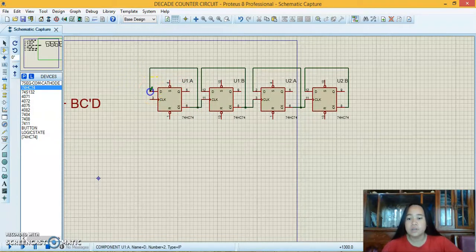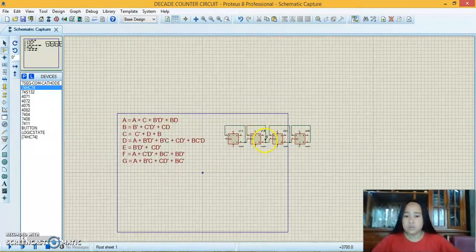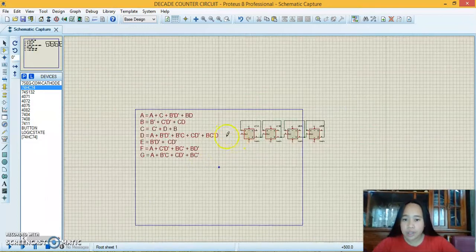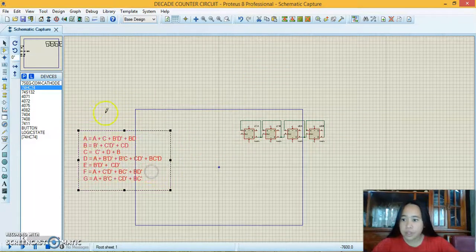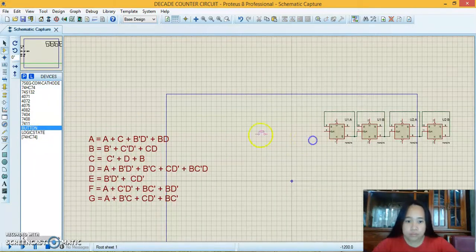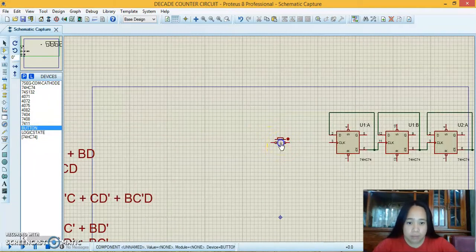Okay, so here. Next we need a button. Let us move this one. We need a button. Let's place the button here.